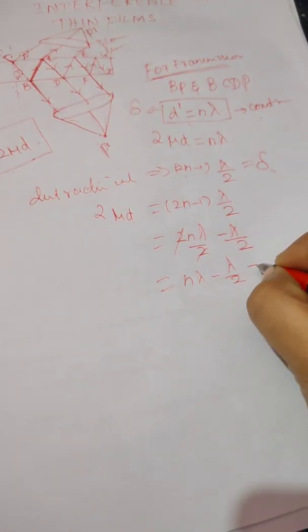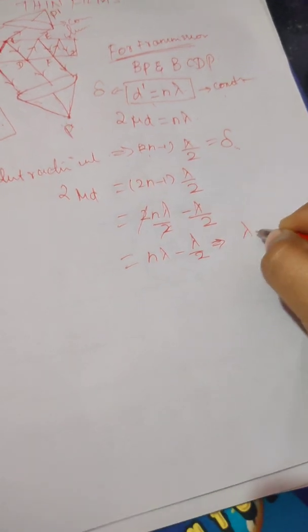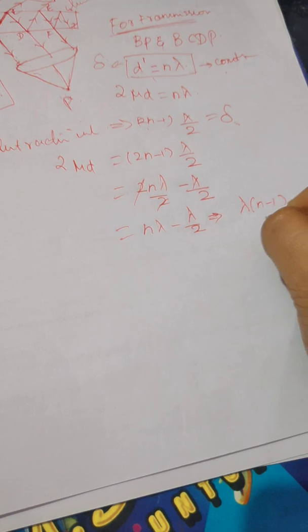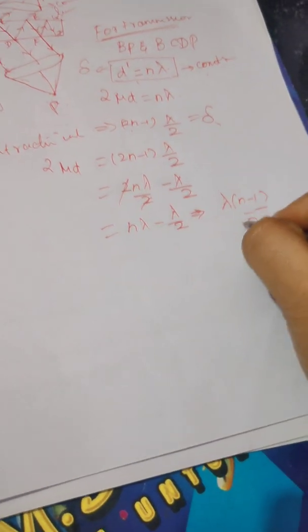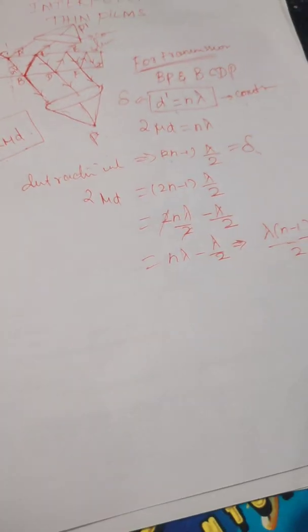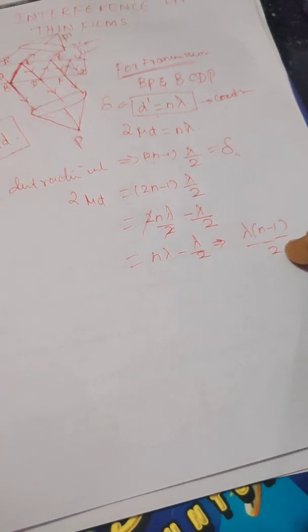I can write this equation taking lambda as common: n minus 1 divided by 2, lambda.